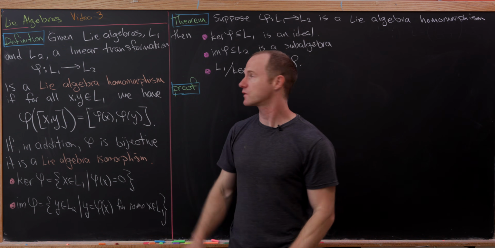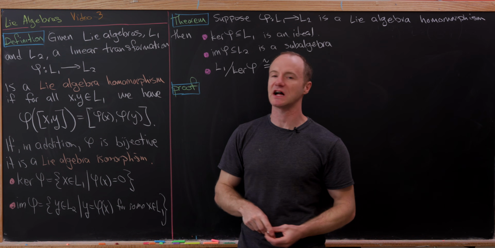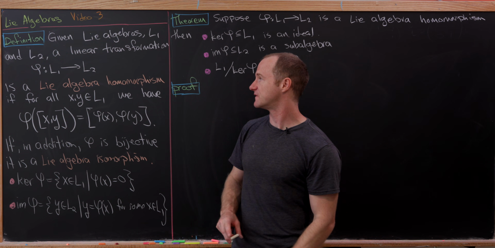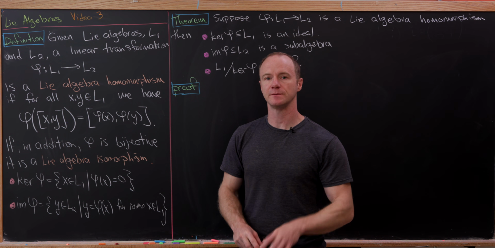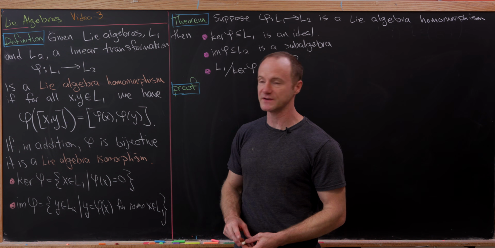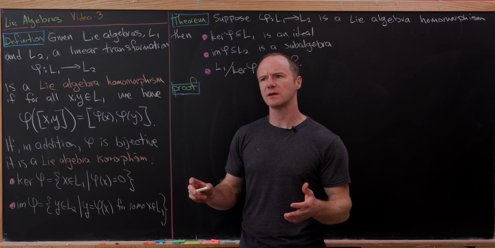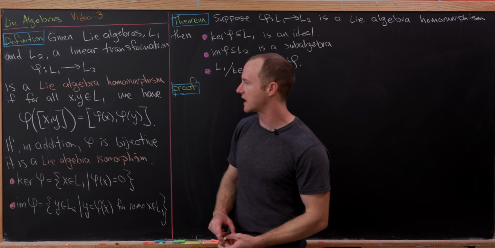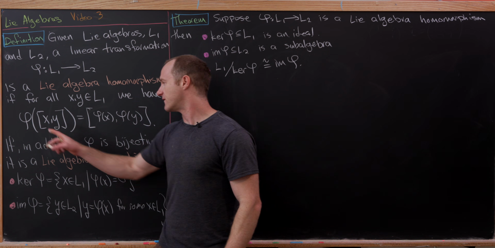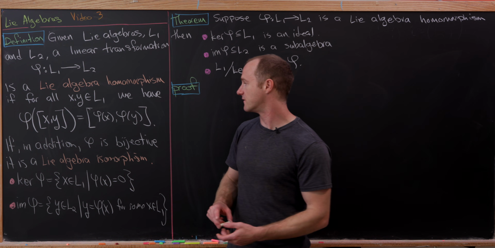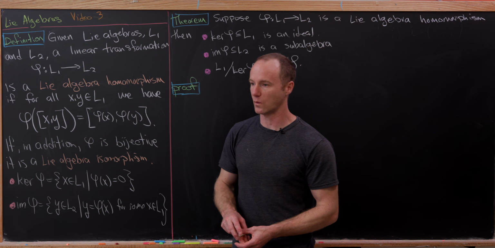Let's say we're given two Lie algebras, L1 and L2, and a linear transformation phi from L1 to L2. We say that the linear transformation is a Lie algebra homomorphism if it preserves the bracket operation. In other words, for all x, y in L1, phi evaluated at the bracket of x and y is the same thing as the bracket of phi of x and phi of y.